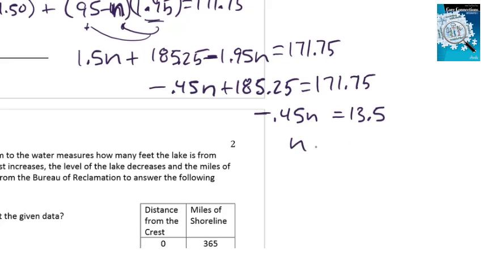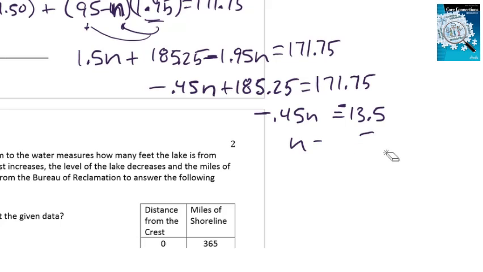And then dividing both sides by 0.45, we get $13.50 over, I'm sorry, that's not positive because it was 171.75 minus 185. So this should be a negative 13.5.